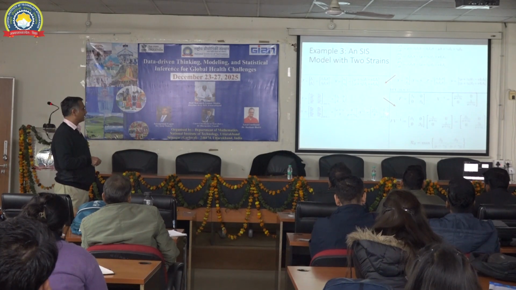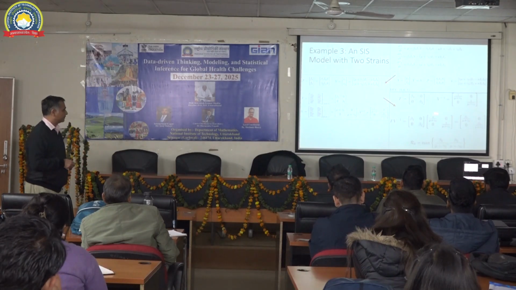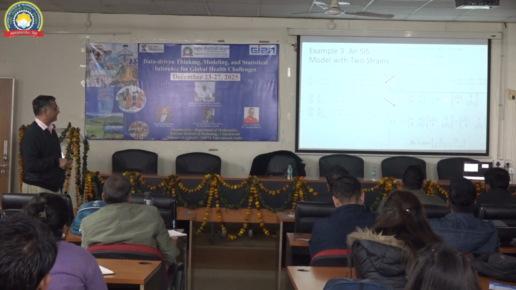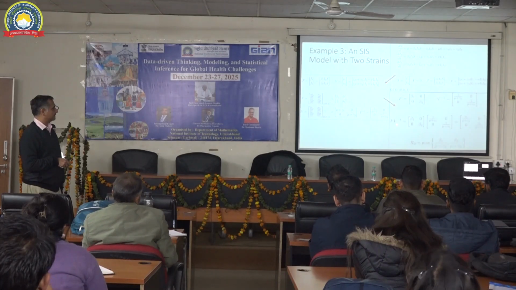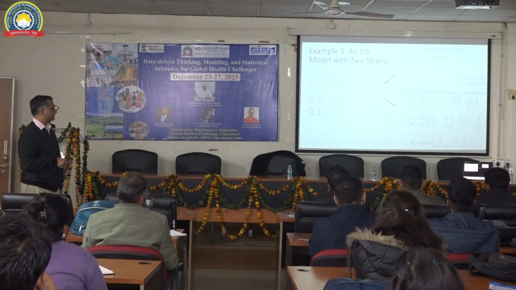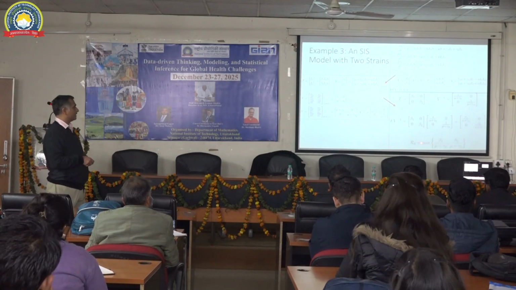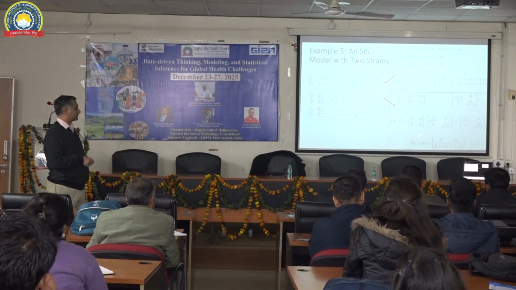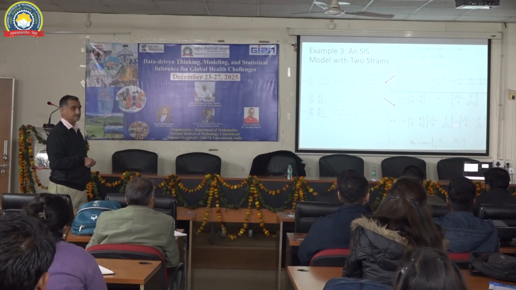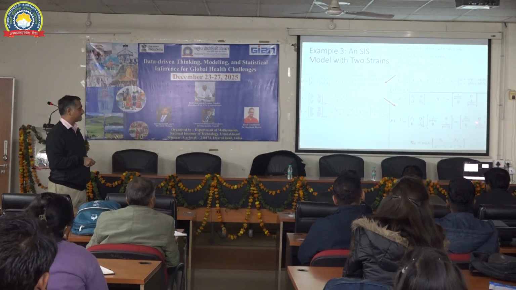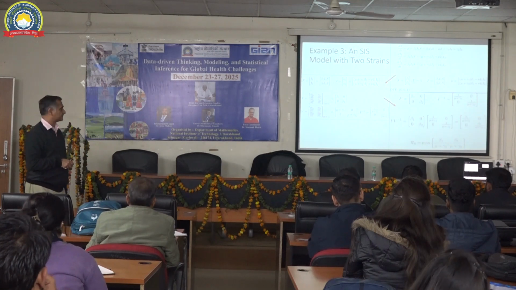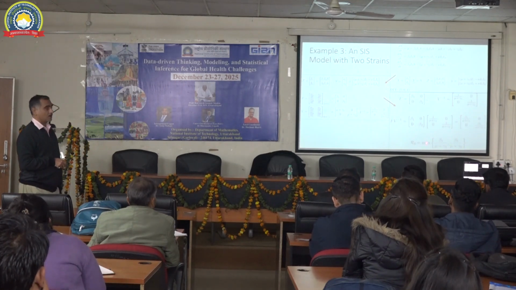You compute the inverse of V, and then you have F times V inverse, which is the next generation matrix. The dominant eigenvalue of this will be the maximum of these two. These two are the eigenvalues because this is a diagonal matrix. So this is the R0.